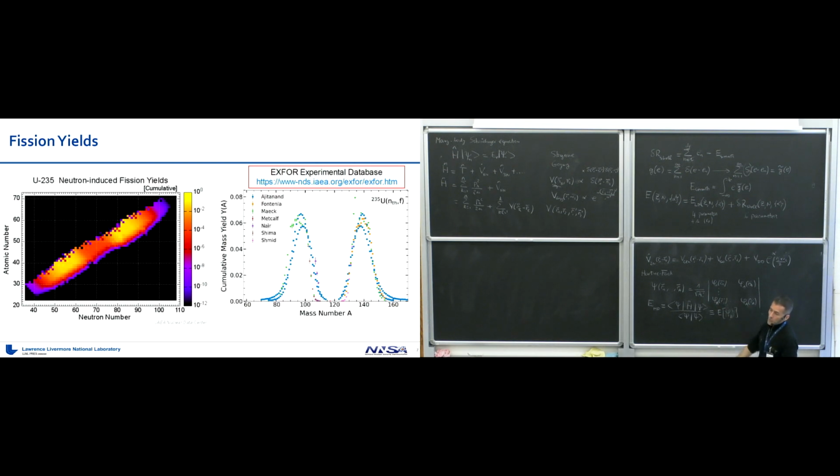So yes, it should be taken into account, but this just makes the formalism so much more complicated. I mean, not that complicated, but this is supposed to be about fission. This is just a tool to get to fission, and I don't want to spend too much time on that. But you're right, the isospin degree of freedom is there as well, just as the spin degree of freedom is there.